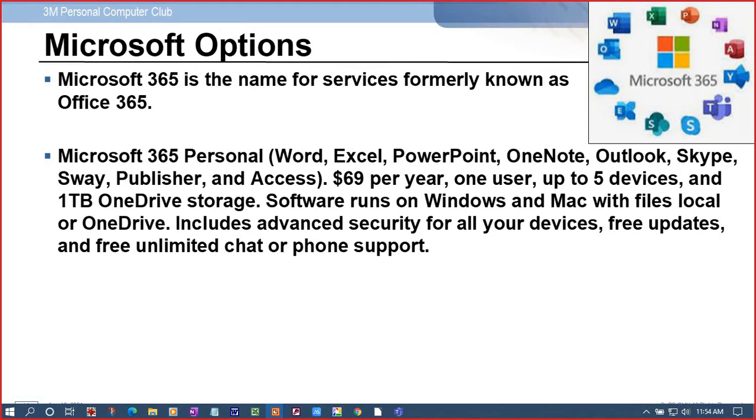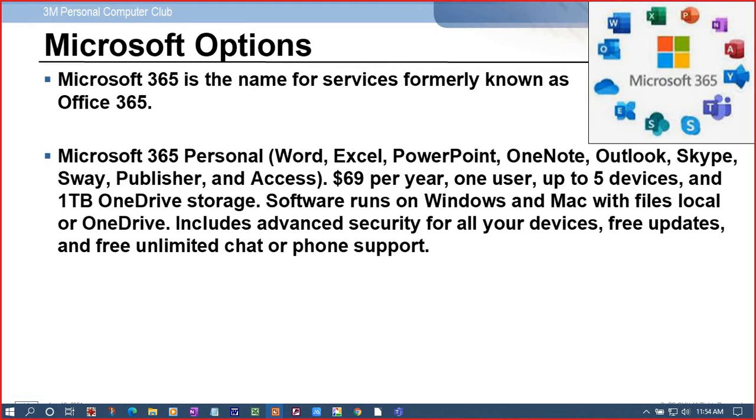It's only good for one user, so you can't have multiple people in the family using it. You can install it on up to 5 devices, and in addition to the software packages, you get 1 terabyte of OneDrive, which is their cloud storage.